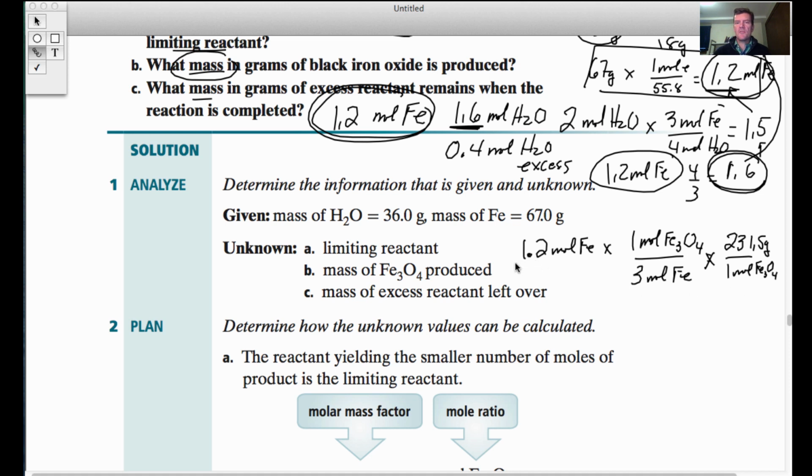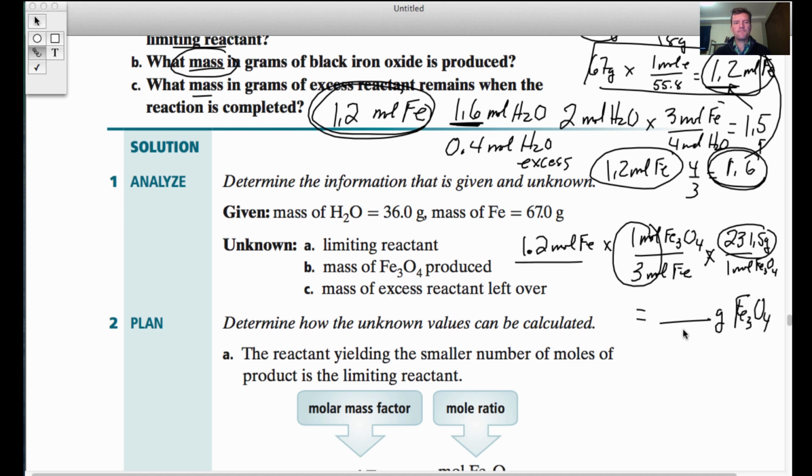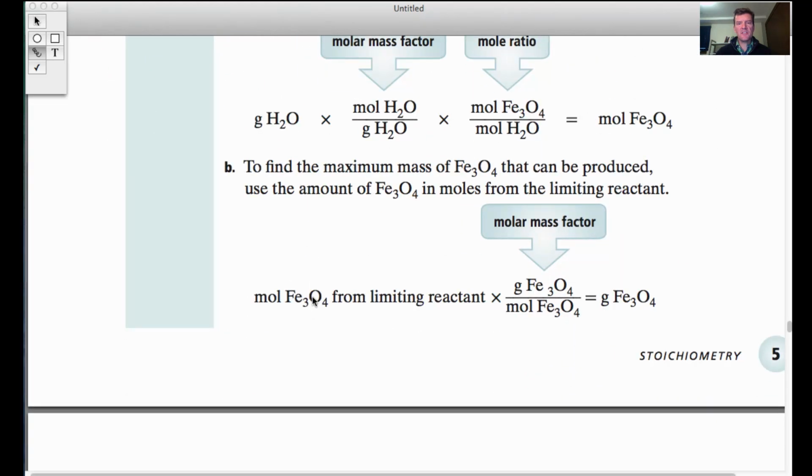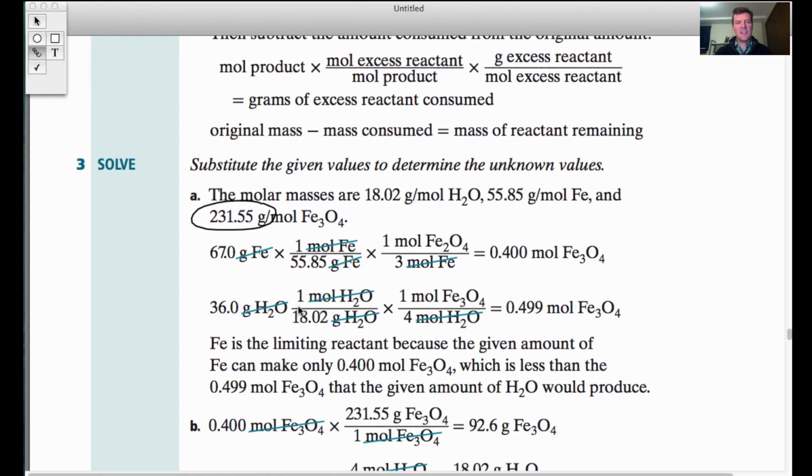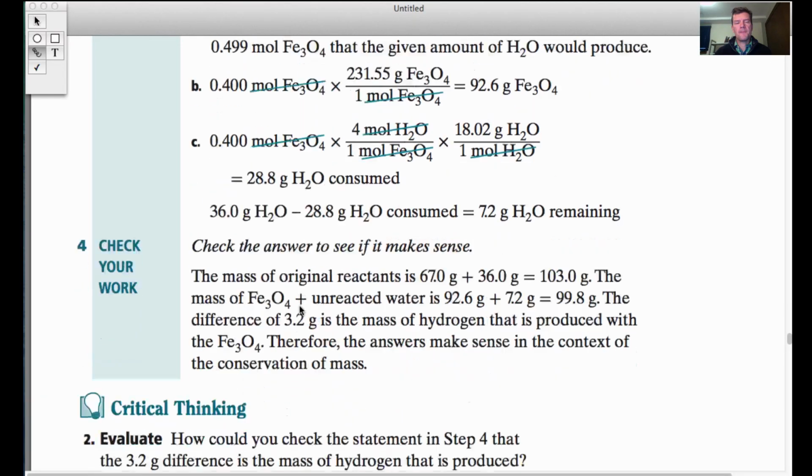Okay? So if you take 1.2 moles, multiply by 1/3, and then multiply by the molar mass of that iron oxide, that will give you the mass in grams of that iron oxide. And all the calculations that are done here are exactly what I just did in kind of one step. All right?